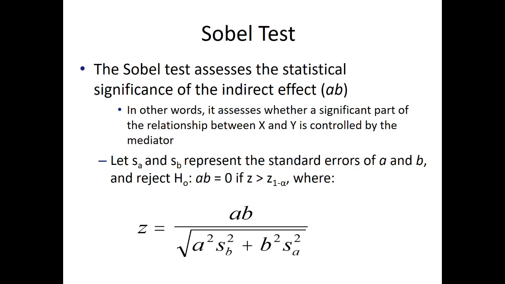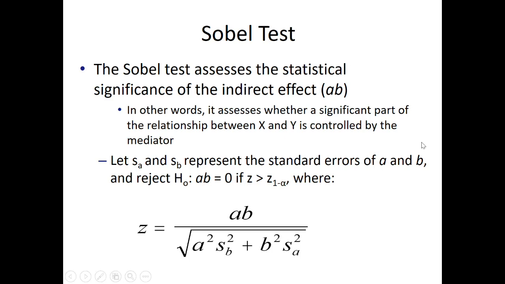That gets you your Sobel statistic. And depending on how large or small the Sobel statistic is, and depending on your degrees of freedom, you basically then go look it up in a table, based on the null hypothesis AB equals 0 and Z greater than Z at 1 minus alpha. Again, that's very similar to the old school way of doing a significance test. I don't recommend doing this.